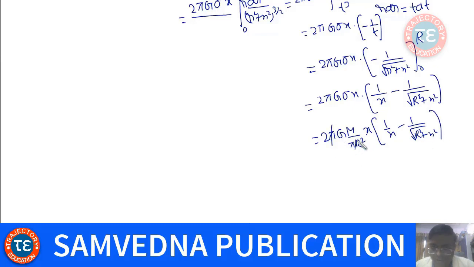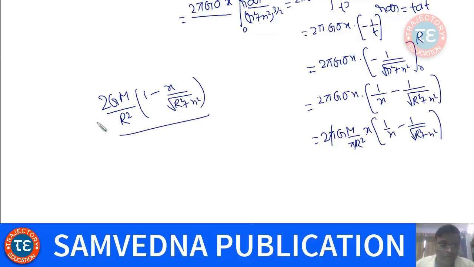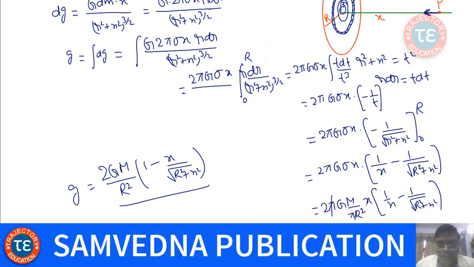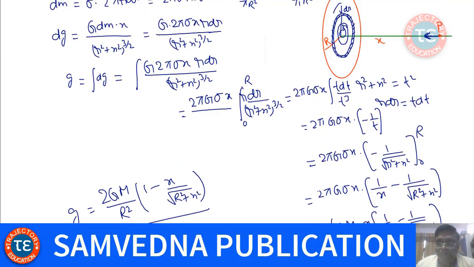So this pi will cancel out, and this will be 2G m by R square, 1 minus x upon this value. This is going to be g. So that's the gravitational field due to a disk.